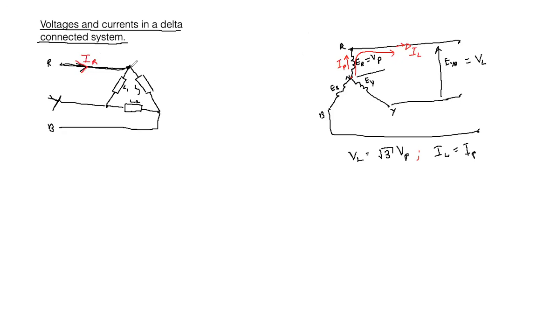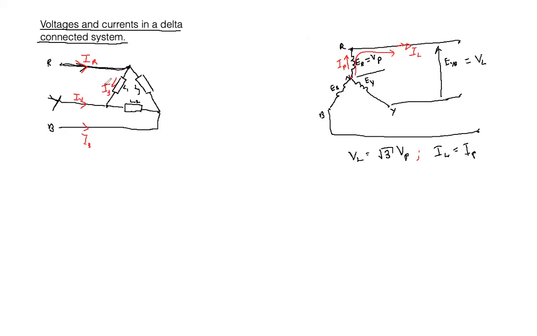When it flows in, we have another current here, IY. Then we have another current here, IB. So this current flows in and then it goes into this load, so it becomes I1, since it's flowing in load 1.